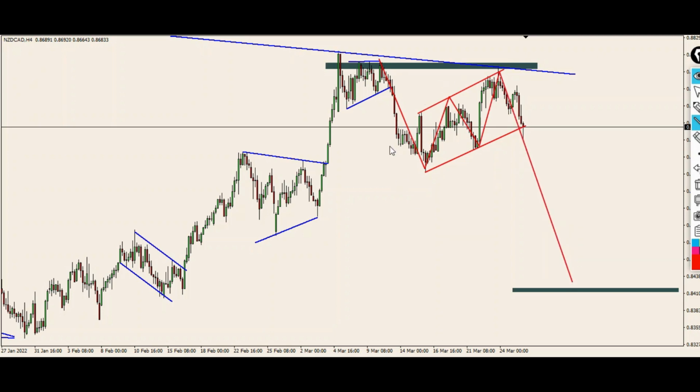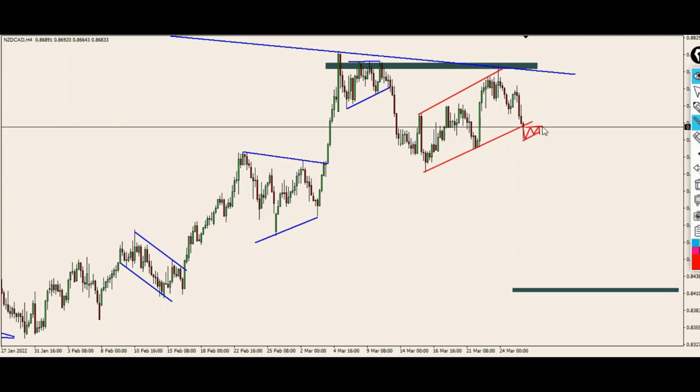This could be a bearish flag, or this could simply be an ascending channel to the high. And now we are waiting for the breakage and continuation pattern, something like so.